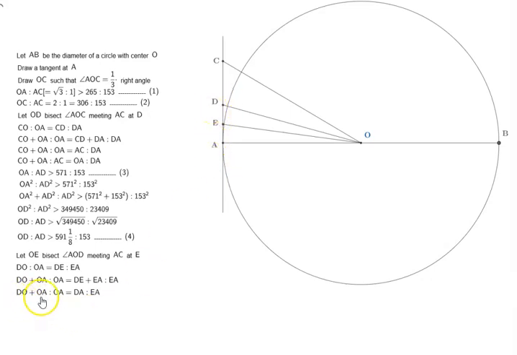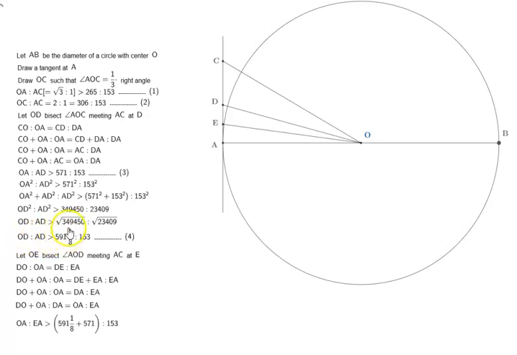So this becomes DO plus OA is to OA is equal to DA is to EA. And again, we do the substitution. We bring DA to here and OA to here. Again, we don't know EA, so we want the ratio OA is to EA. For that we use the left hand side. So DO is equal to what?